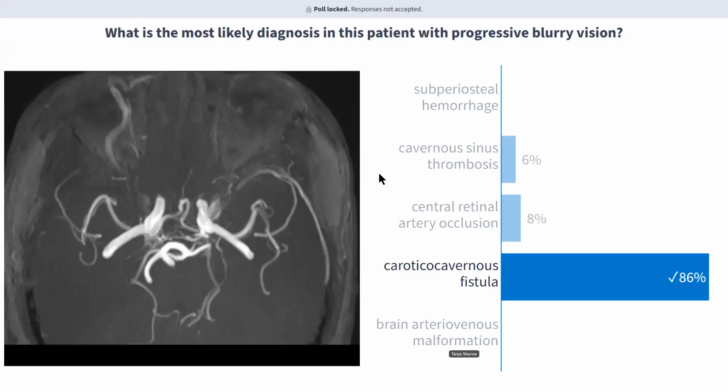Okay, the vast majority got the answer correct, which is corticocavernous fistula, or CC fistula.